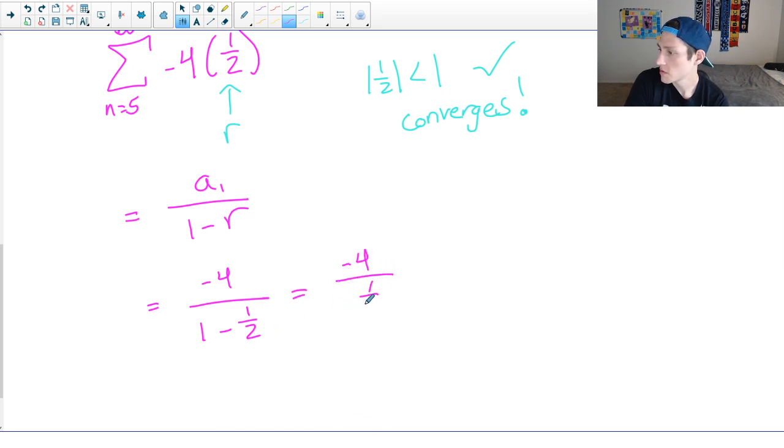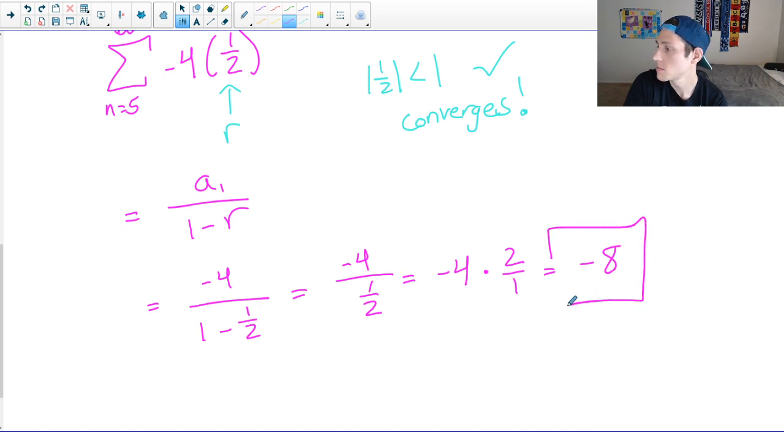One minus 1/2 is 1/2. Negative 4 divided by 1/2, I can think of as multiplying by the reciprocal. So the infinite sum of this series is negative 8.